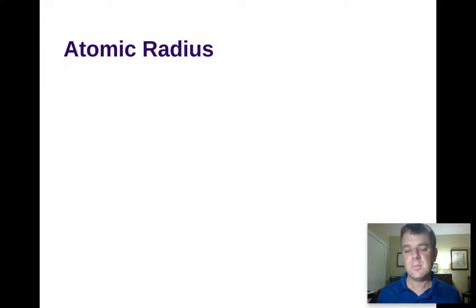You should have learned about periodic trends before, but what's critically important in AP Chemistry is that you can explain why the periodic trends occur. Because you're going to have your first test on Friday, and as part of that first test are going to be some free response questions where you need to be able to give a clear and concise rationale as to why a trend happens.